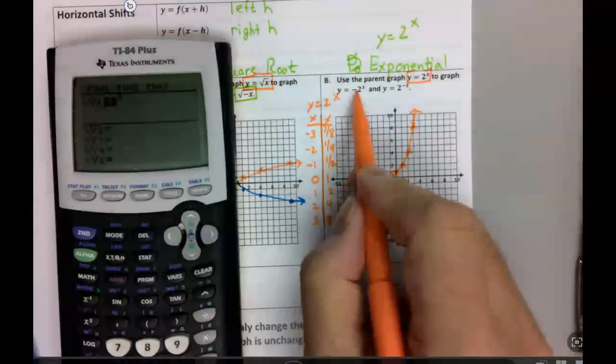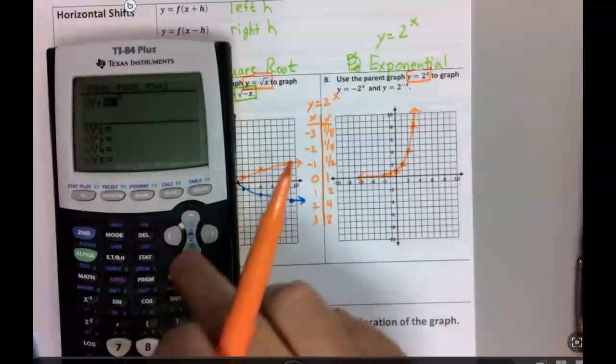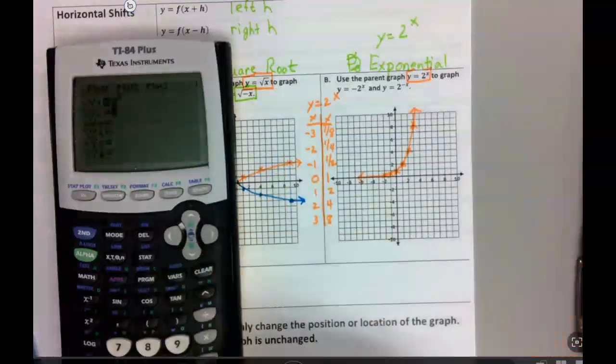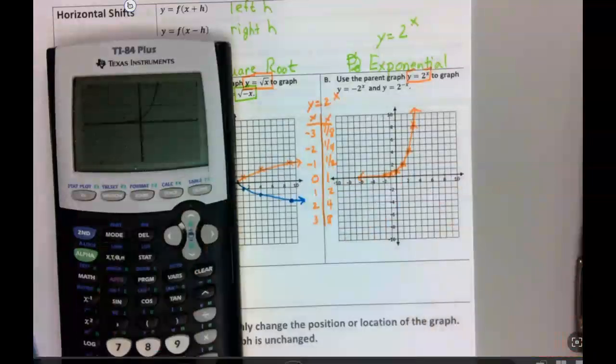Okay, the negative's on the outside, correct? So what's going to happen here is it's going to reflect it across the x-axis. Let's see if that happens. So you have to use the opposite key, then type 2, power, x, hit graph. Does it reflect it across the x-axis? Does it? You bet you it does.